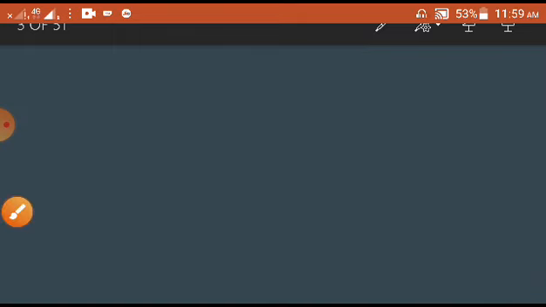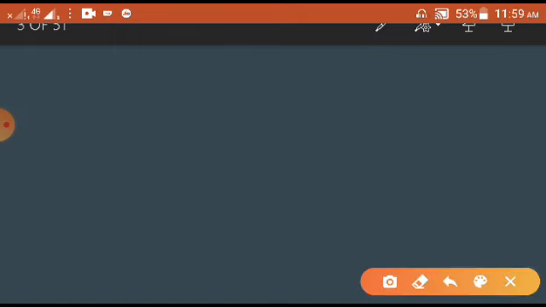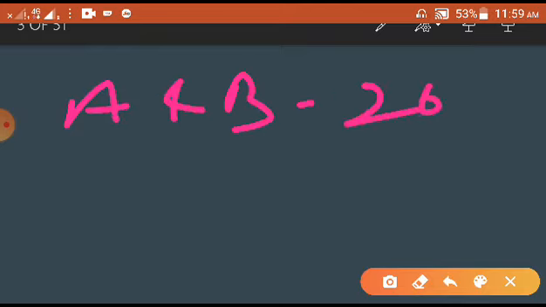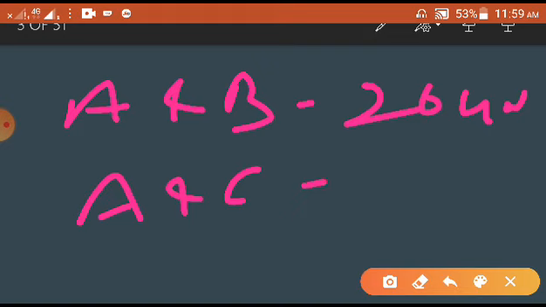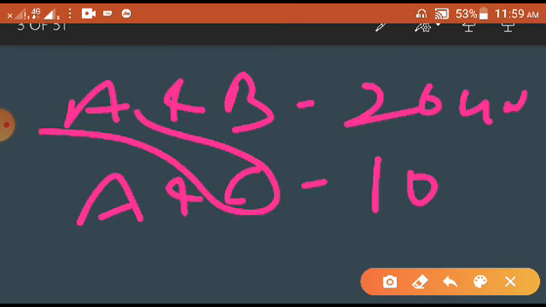If I put you one question: gene A and B are 20 units apart, and gene A and gene C are 10 units apart. Now, what is the location of gene C? This is a question for you. How will we get to know?